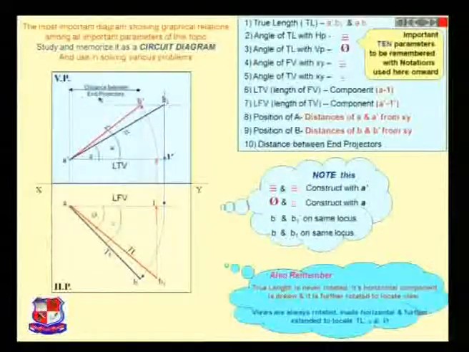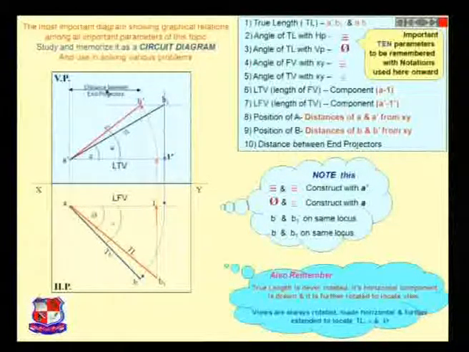As you can see over here, the distance between two projectors shows the horizontal distance between the front view component and the top view component, between A dash B dash as well as AB.